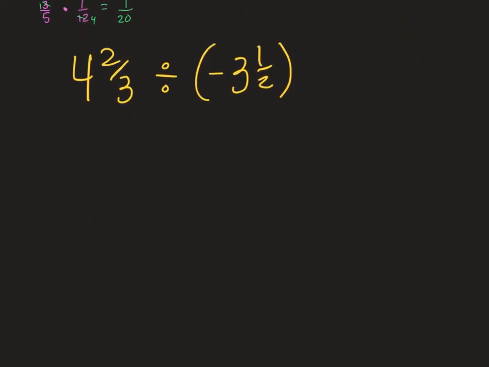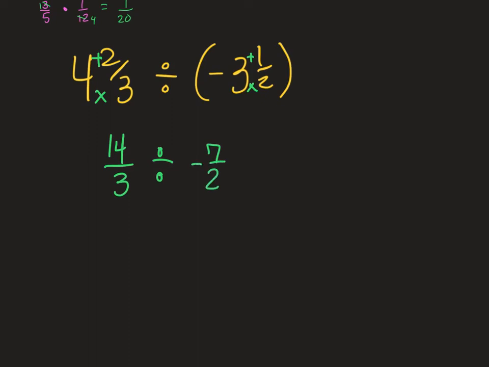Okay, so first thing I want to do is improper. I'm going to multiply and add. 3 times 4 is 12, plus 2 more is 14. I'm not going to keep, switch, flip yet, because I'm still doing my improper step. 2 times 3 is 6, plus 1 is 7.